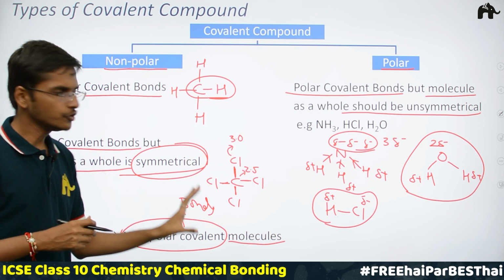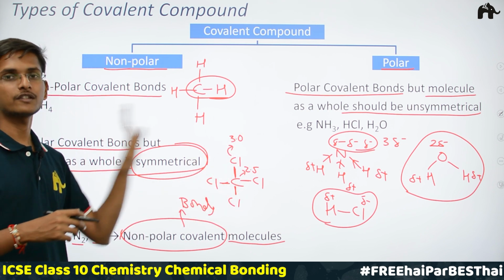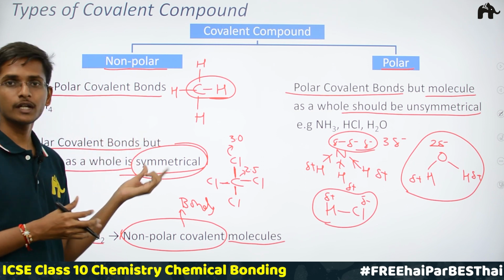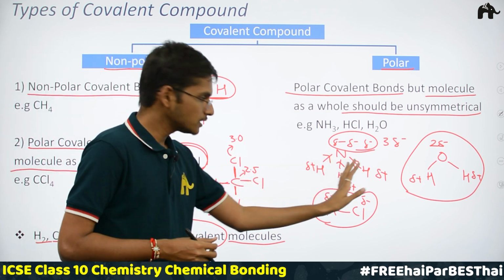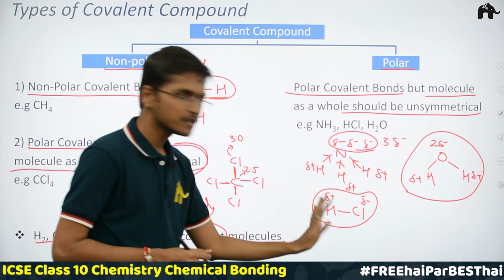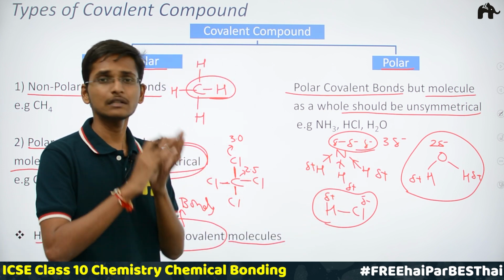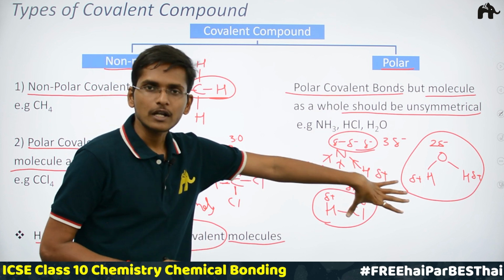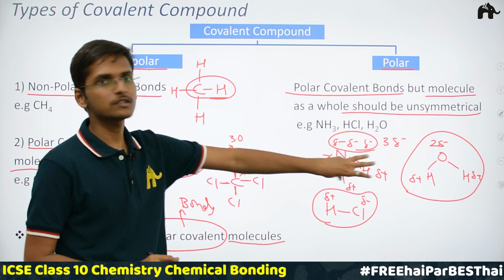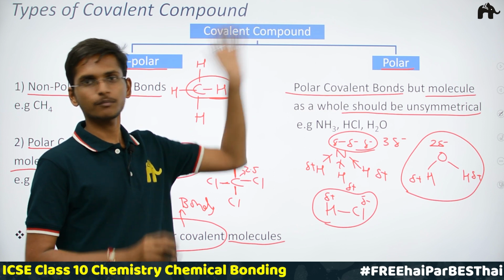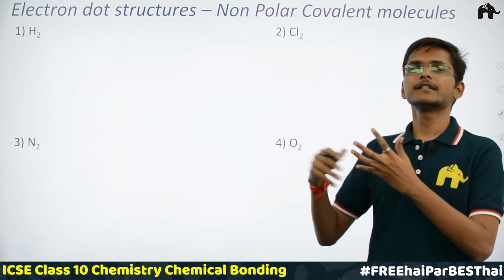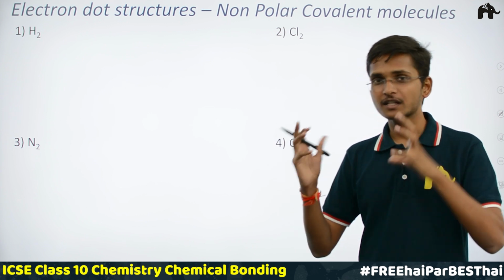For now, remember that the CCl4 molecule as a whole is symmetrical. And NH3, water and HCl, these molecules as a whole are unsymmetrical. Since they are unsymmetrical and have polar covalent bonds, they are polar covalent compounds. Very simple.